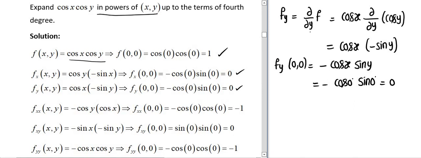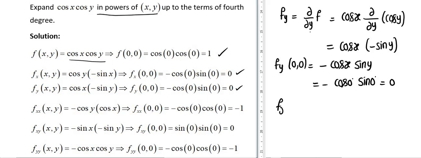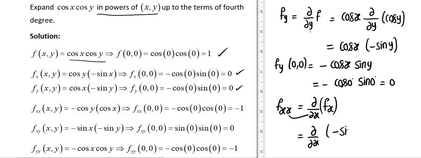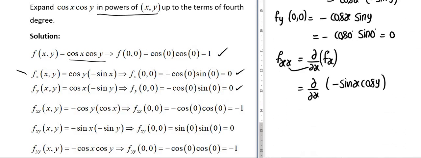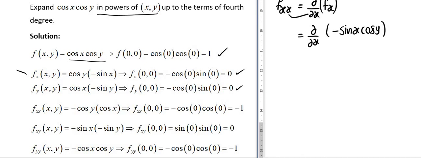Next, we want to find fxx. fxx means dou by dou x of fx. We know the value of fx, that is minus sin x into cos y. Here we are differentiating with respect to x, that's why I am keeping minus cos y outside.